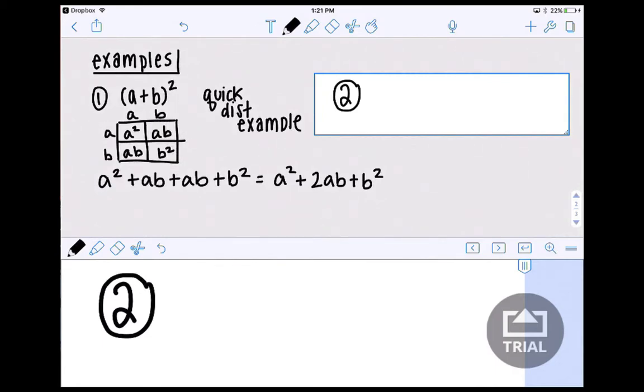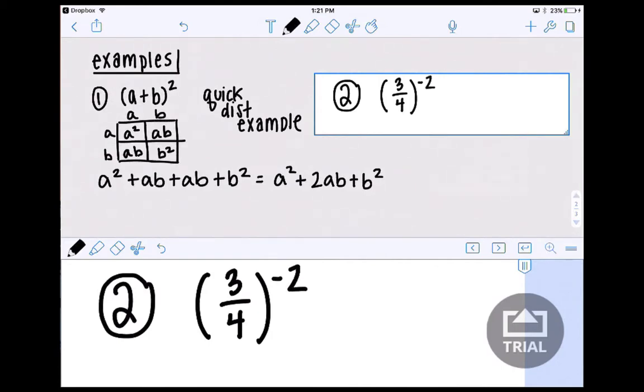The next example. Let's do something like 3/4 to the negative 2. Okay, so we're always going to deal with the negative exponent first. So if we deal with the negative exponent, that means we have to take the reciprocal.